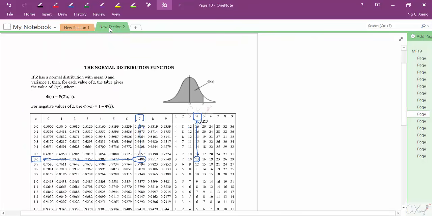So I will go to the table again, look for the value of z 0.449. Where is 0.4? This one. Let's have a look at what is the value that we get here. 0.44, which is 6700, and then 9. So the 9 here is 32. That means you have to take 6700 plus 32, and you'll get 6732.